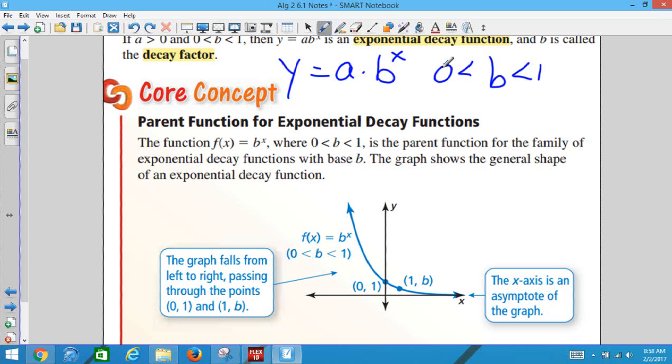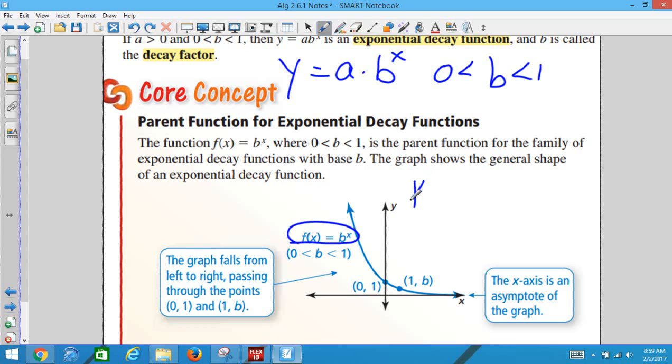So if the b value in the equation is between 0 and 1, then it will be a decay question. Like my Brownie question was decay, because my b value was 1/2. I kept multiplying by 1/2. That holds if there's no shift or a stretch, so if it is just f of x equals b to the x.